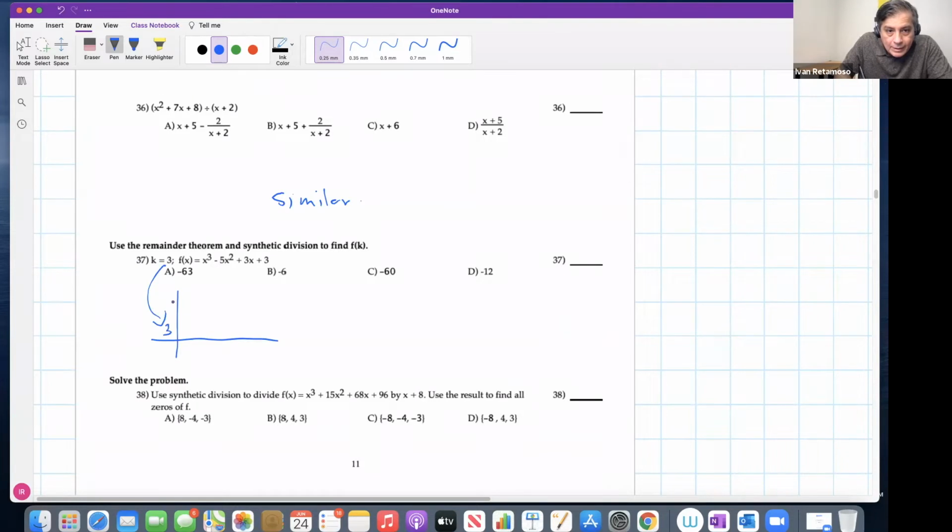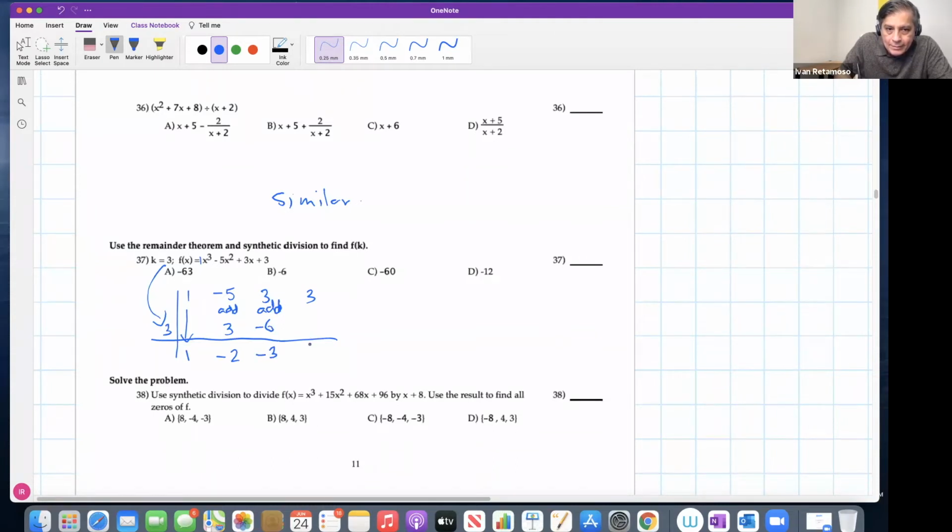You just write 3 here, right? And here the coefficients 1, minus 5, 3, and 3, right? You start by bringing this down as it is. 1 times 3, 3, add minus 2 here, minus 2 times 3, minus 6, add negative 3, right?